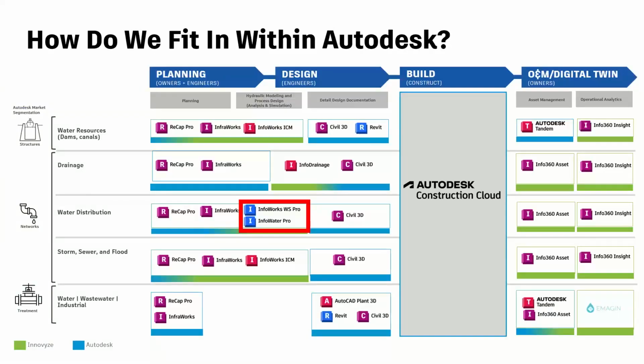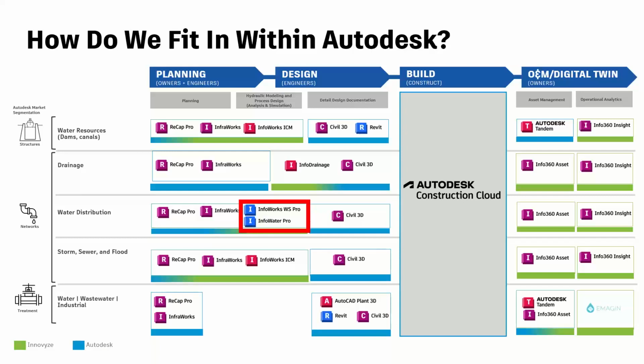And now you might be curious just how things fit in post-Innovyze acquisition. So today's conversation is going to strictly focus on InfoWater Pro, which is what you're seeing in this red box here. We would consider this to be a planning tool, so you wouldn't really use this to design or build.